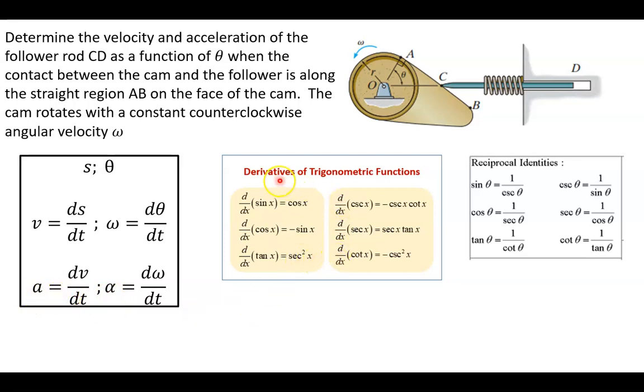We also have derivatives of several trig functions, and we're going to see several of these pop up. And then we're also going to have several reciprocal identities as we go through this problem. We're also going to go through the chain rule as well as the product rule as we work through this.